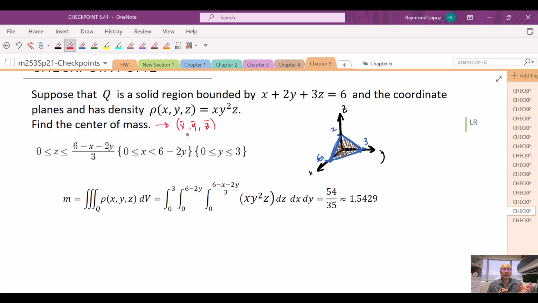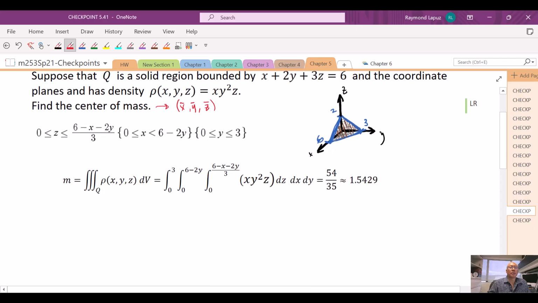In order to find x bar, what we need to do is come up with the moment around y and z, and then we're going to divide by m. So what is this moment?